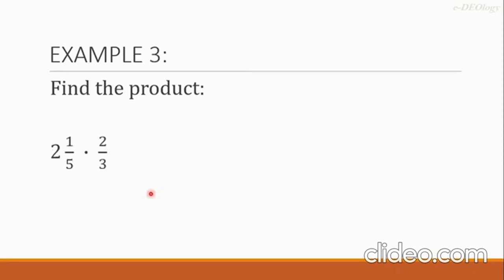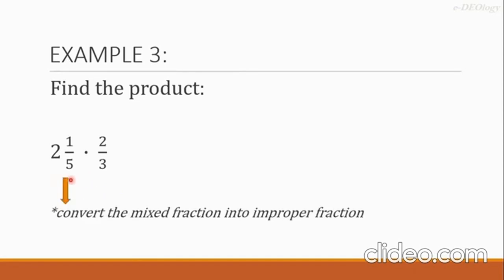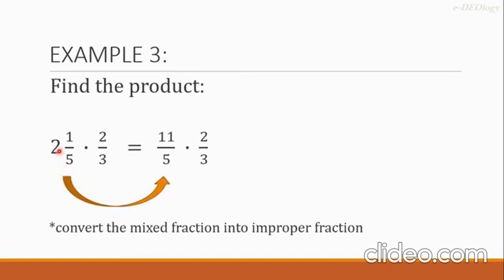The third example is a mixed fraction multiplied by a fraction. So this is 2 and 1/5 times 2/3. At first, we need to convert this mixed fraction into improper fraction. So the 2 and 1/5 becomes 11/5.